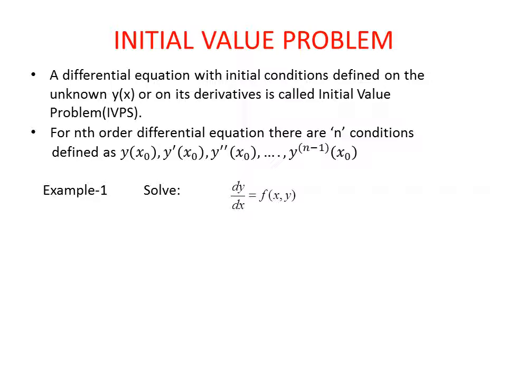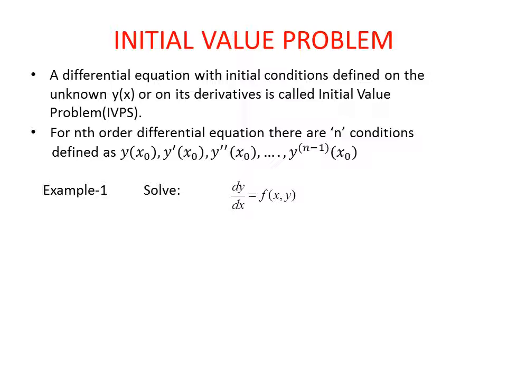For example, solve dy by dx is equal to f of x, y. Now here a differential equation is given. This is a first order, first degree differential equation based on two variables x and y, where x is the independent variable and y is the dependent variable.